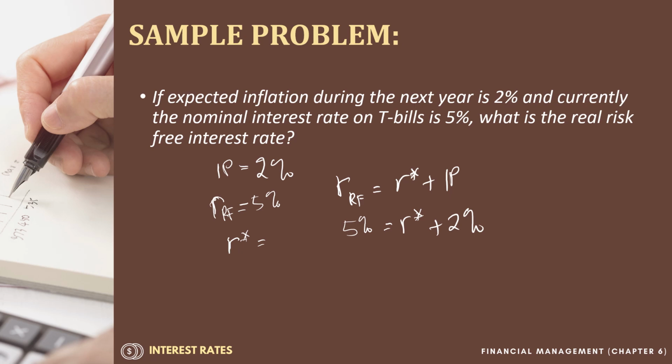So we will just do the transposing. So 5% minus 2%, that is the R, or the real risk-free rate. So 5% minus 2%, that is 3%. Answer is 3%.